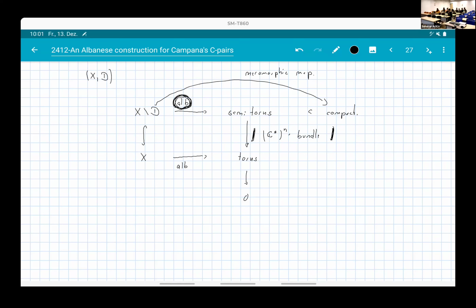I see. Okay, thanks. Any more questions? Maybe another quick question. So do we also have an analog of Kawamata's surjectivity result for Kodaira dimension 0 varieties? Yeah. So what we have is a result like this for varieties that are Campana special.